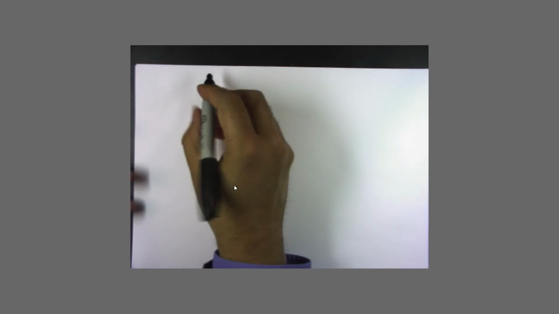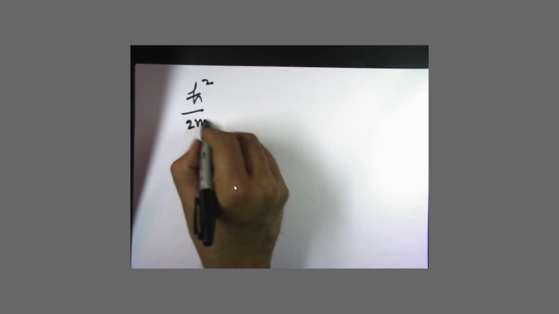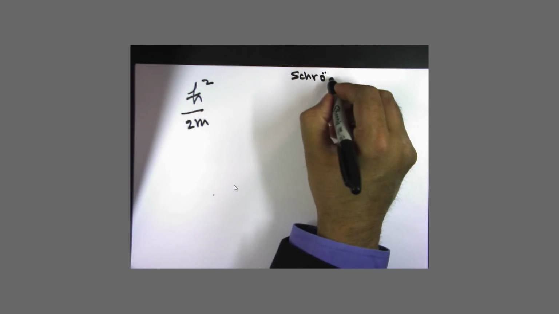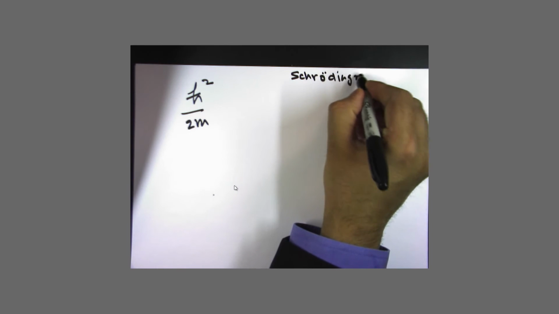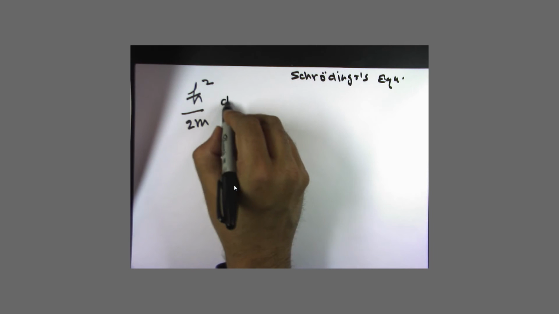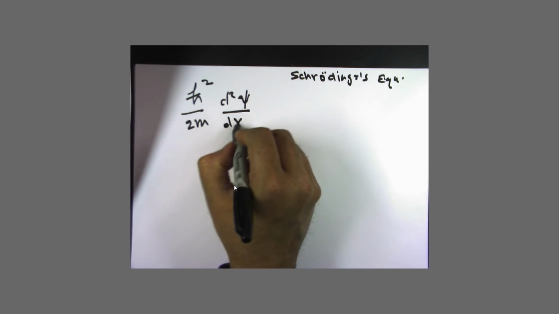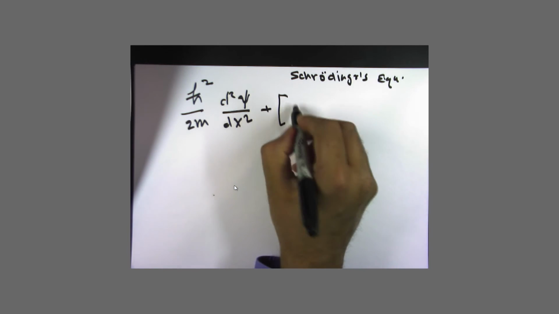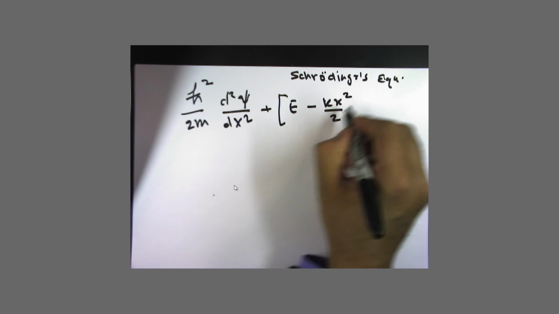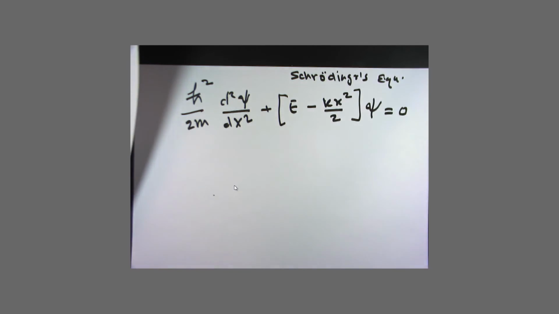Let me write this Schrodinger equation, h bar square over 2m, d square psi over dx square plus E minus kx square by 2, times the wave function, is equal to 0. This is the first time you are encountering a quantum mechanical function in this course.